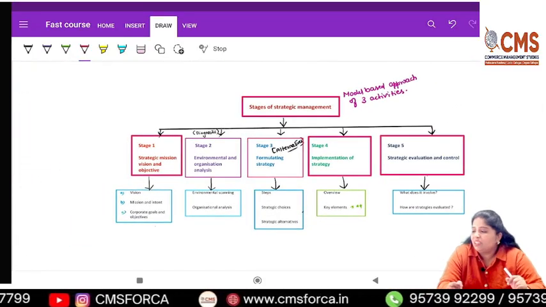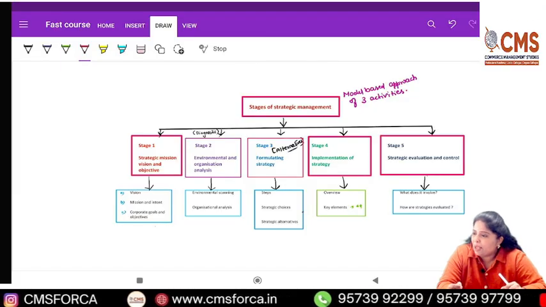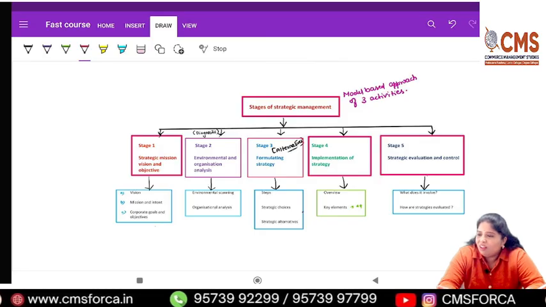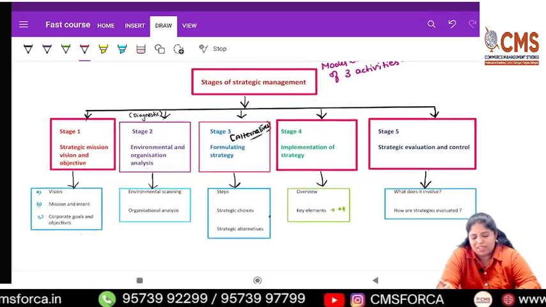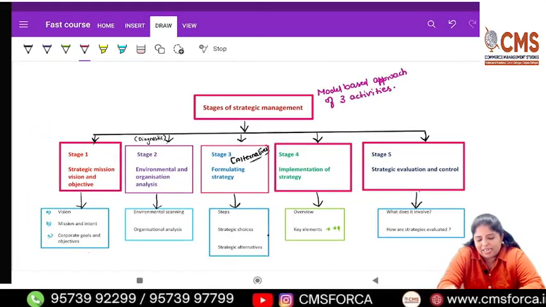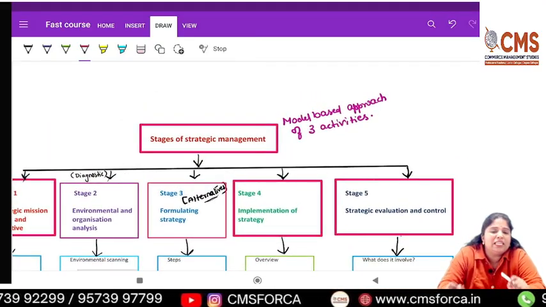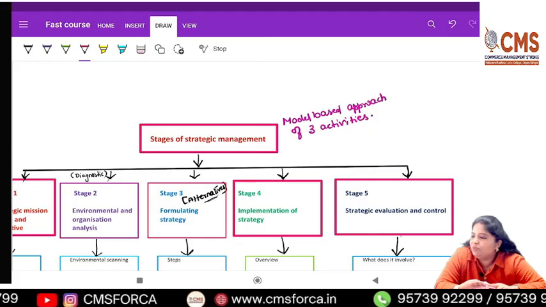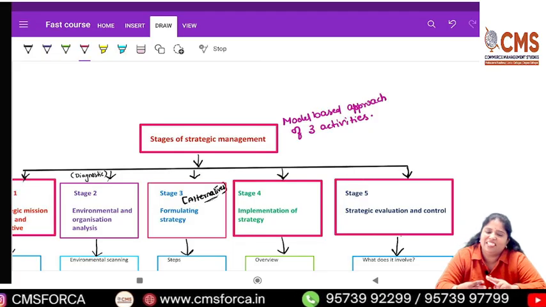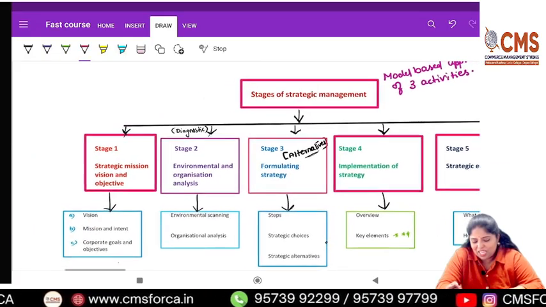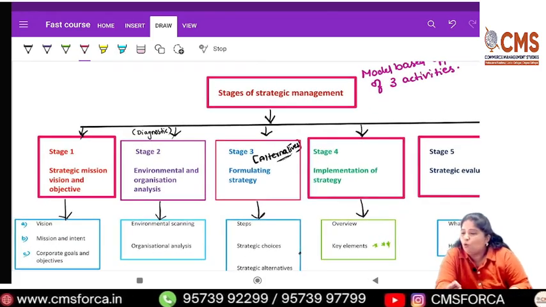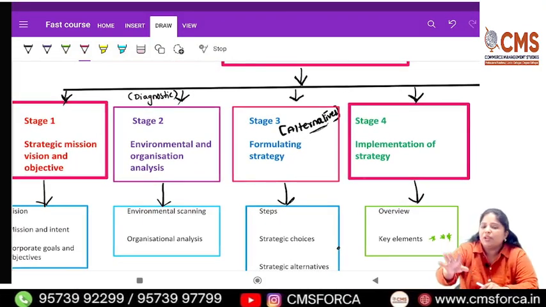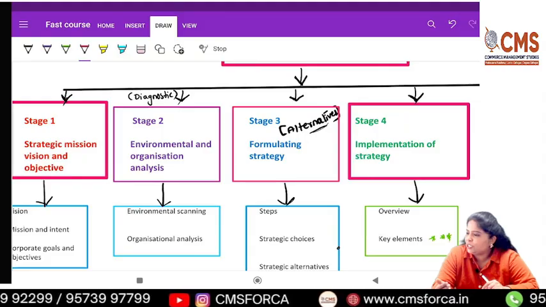Now, this is one important concept for your exam. Expect the question as it is, where you have to explain all the 5 stages of strategic management. But we know that strategic management is a model-based approach of 3 activities. What are the 3 activities? Formulation, implementation and evaluation. Now just take a quick overview of what stages we have in strategic management. You can tell me what should be the first stage?